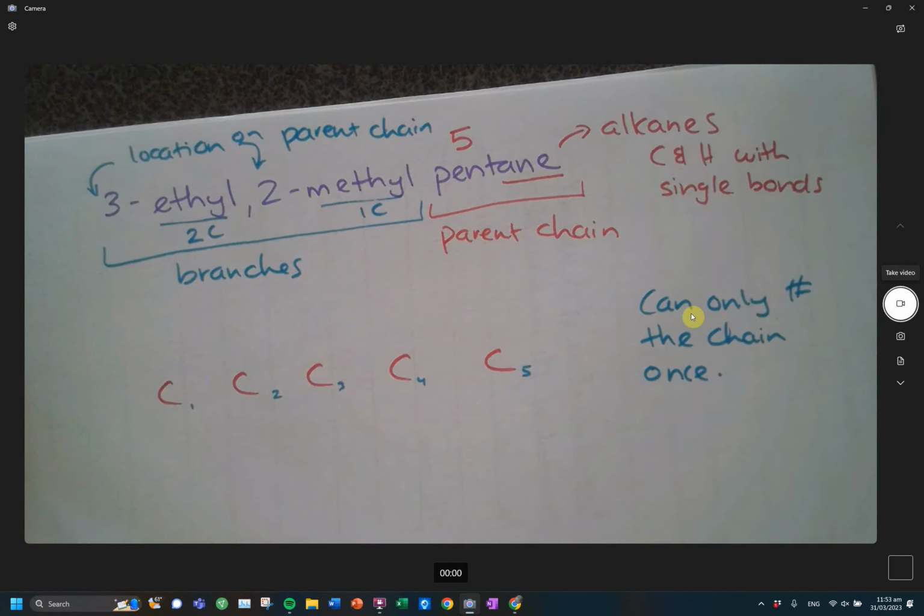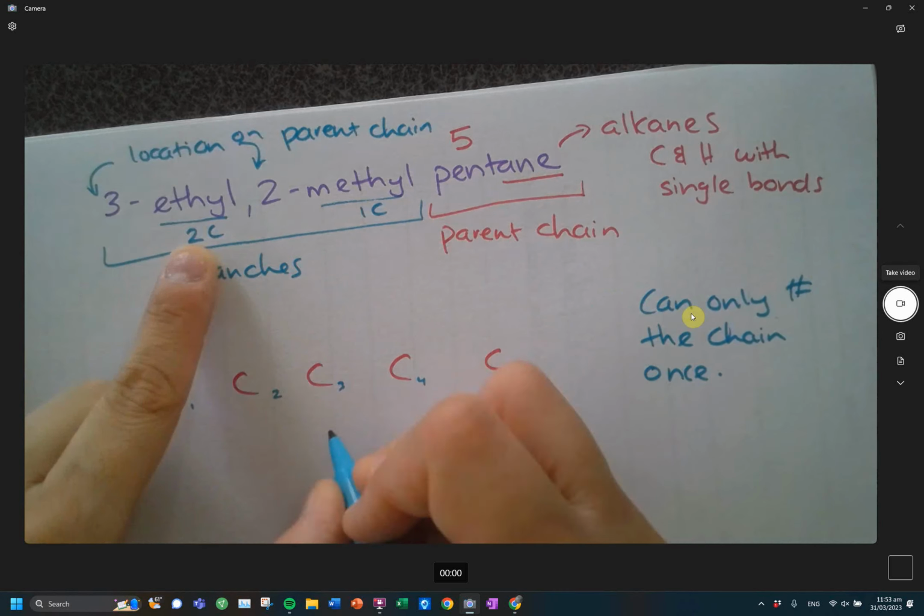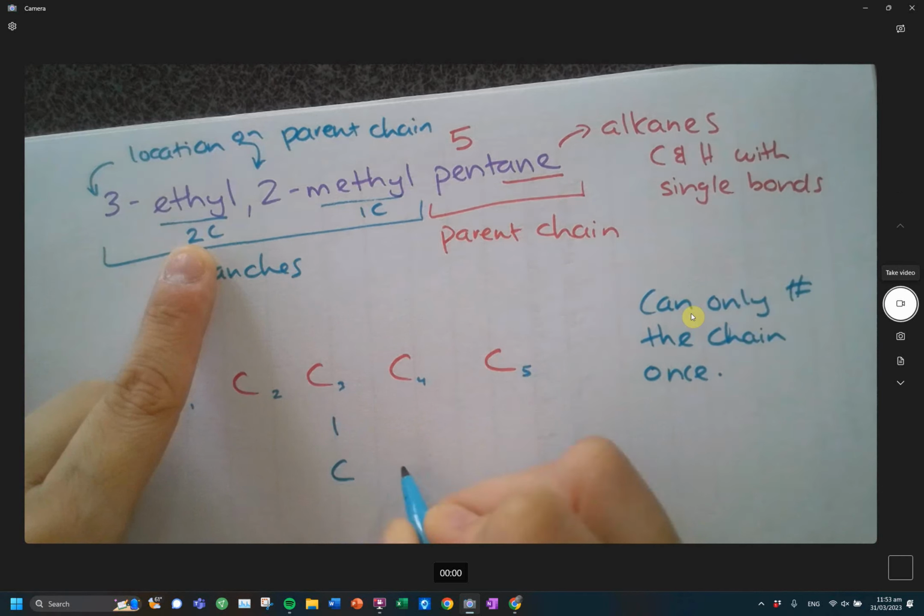So the key thing to keep in mind is that when it comes to the parent chain, 2 things decide what is the parent chain. The first is the functional group, which we haven't started talking about yet. The second thing is longest chain, so which is the longest bit. So currently that's the longest one. All right, so what this tells me is that carbon number 3, I should have 2 carbons chain coming off.